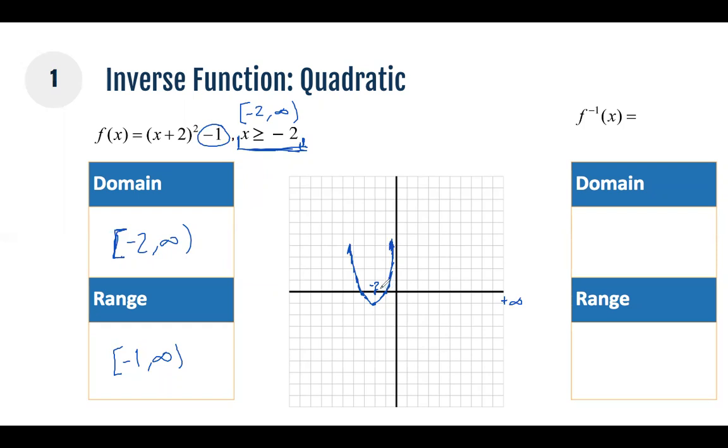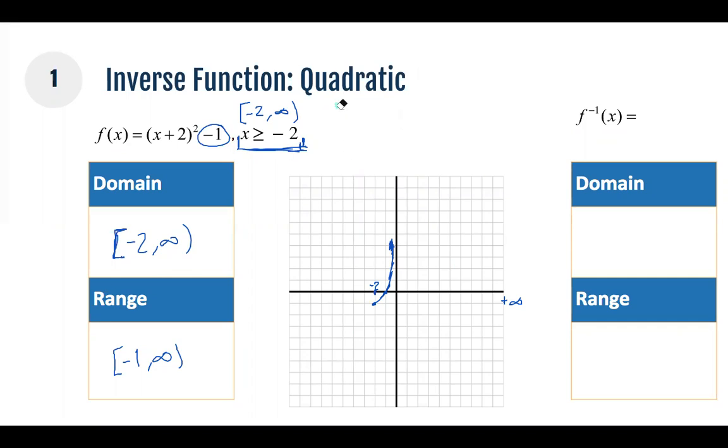Everything else that's to the left of -2 has to be gone. So that's the side of the graph we're using because of the given restriction. And now, because of that restriction, we're turning this into a one-to-one function.